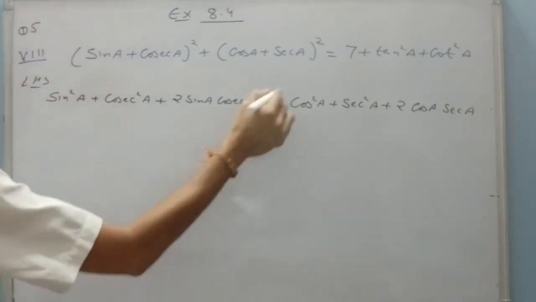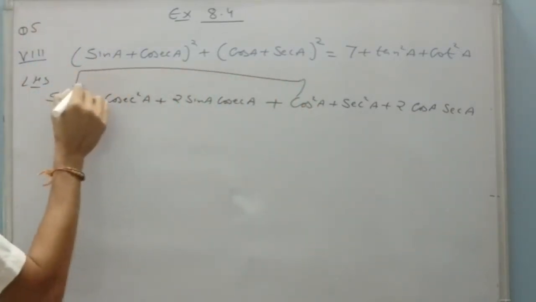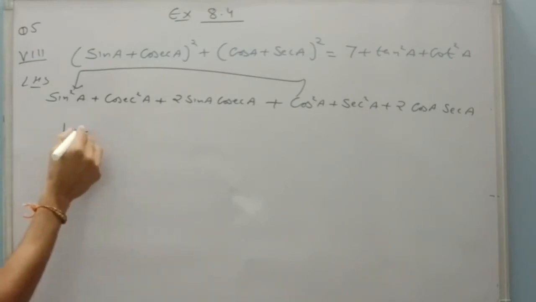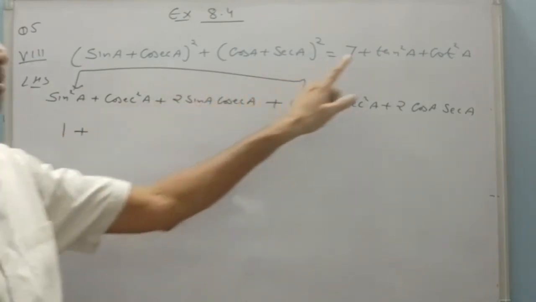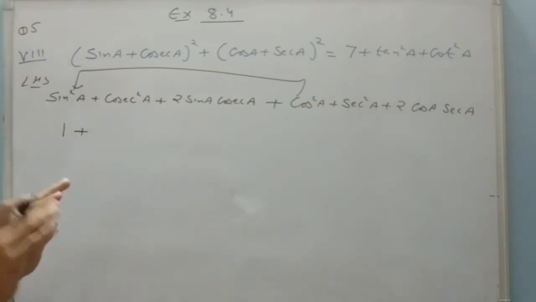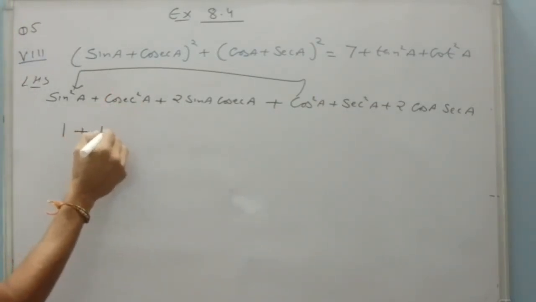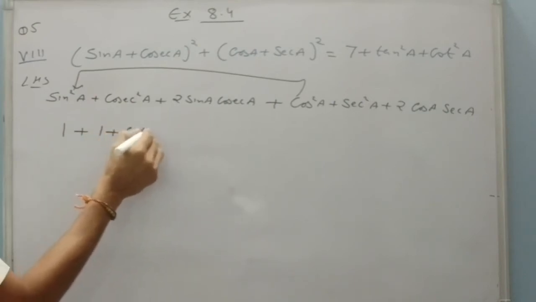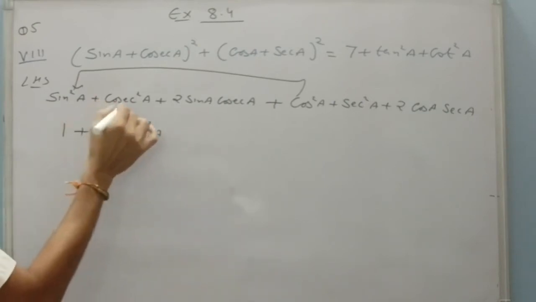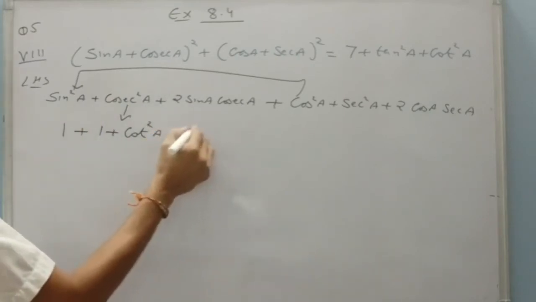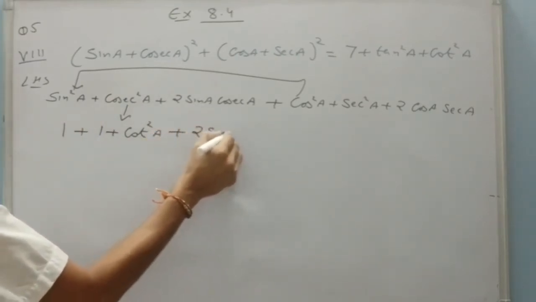Now you know sine square plus cos square is 1. This is completed. In the right hand side, I don't need the cosec square, so I can write it as 1 plus cot square. You know that cosec square is 1 plus cot square, plus 2 sine a as it is.